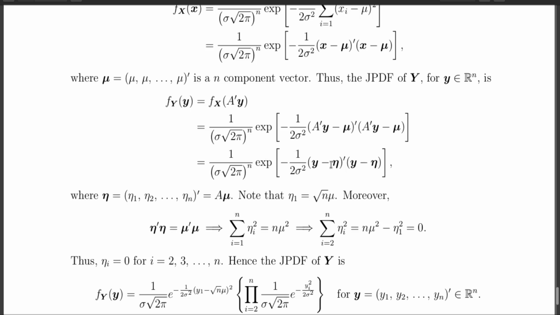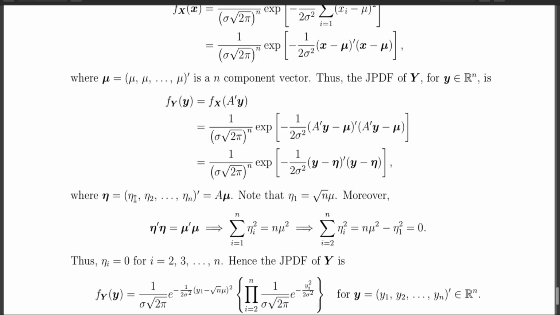I'll make more simplification of the joint PDF of y, but before that, let us see what the values of neta 1 to neta n are. The first one, neta 1, I can find very easily, because in the mu vector all the components are mu, and in the A matrix, the first row has all entries 1 by root n.